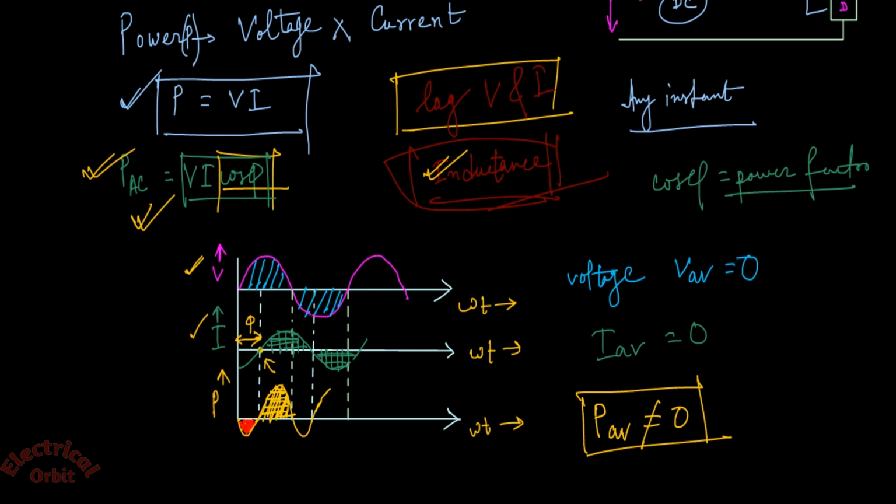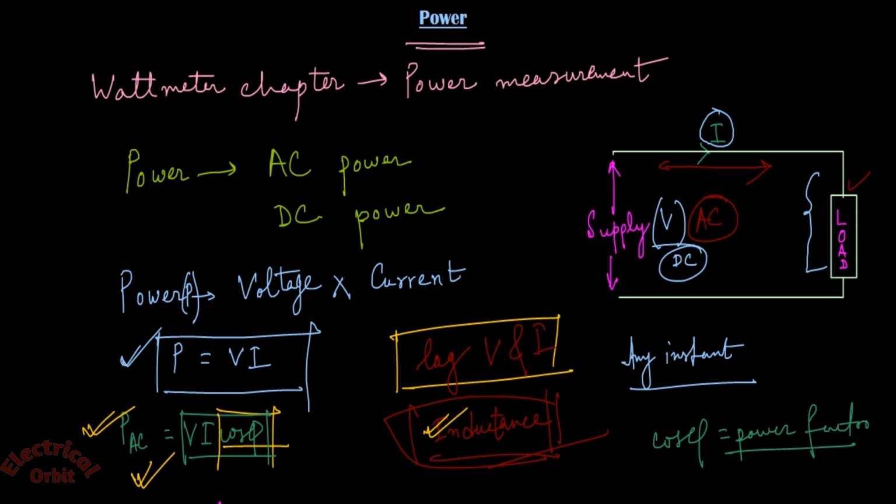And whenever it is three-phase power, then it is √3 VI cos phi. This is the three-phase power expression. For that we need three separate voltages, that is R, Y, B, and three separate currents, then only we can obtain the three-phase power consumption. So I think the elementary concept of power is clear to you: the difference between AC power and DC power, as well as the power factor, average power, average voltage.